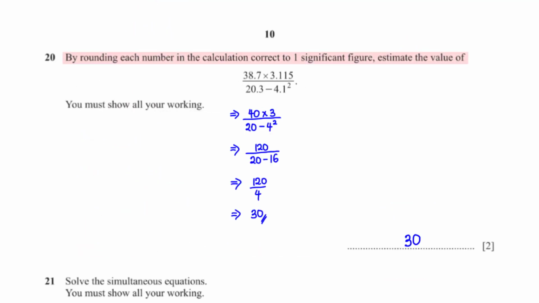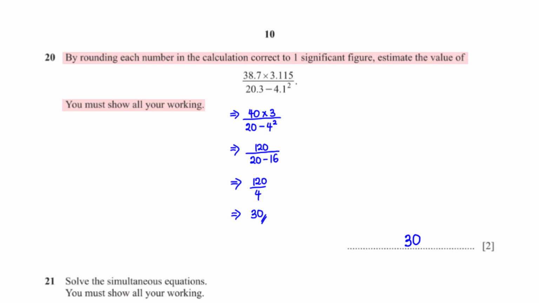By rounding each number in the calculation correct to one significant figure, estimate the value of 38.7 times 3.115 divided by 20.3 minus 4.1 squared. You must show all your working.